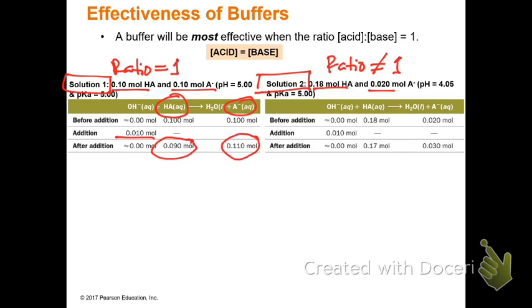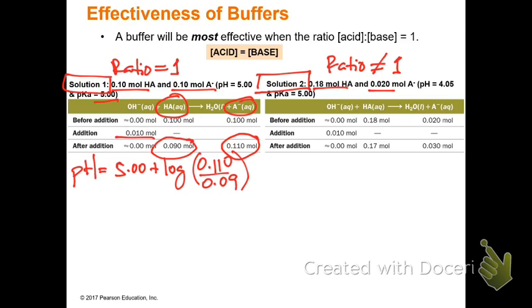So using the Henderson-Hasselbalch equation, pH equals pKa, which is given here, it's 5, plus the log of the ratio, which would be 0.110 divided by 0.09. Okay, so that's how you would set up this equation.